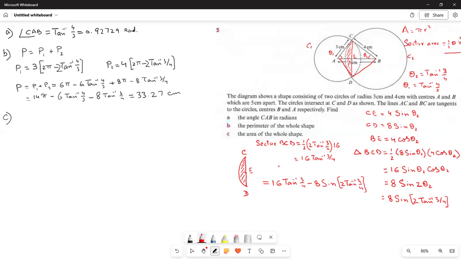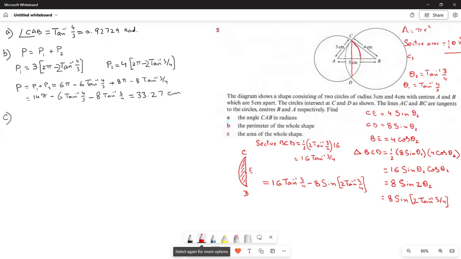Okay. And now I want to calculate the area of the other shape. I don't know what to call this shape. Let me erase things again so that it becomes a bit more clear. So now I want to calculate this area, given by this.